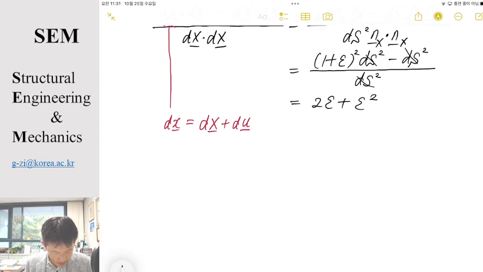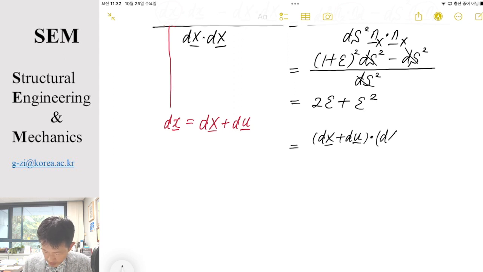Then what happens is we have the initial segment and then du dot initial segment plus displacement segment, and then minus dx dot dx, the initial one, divided by the initial dot.